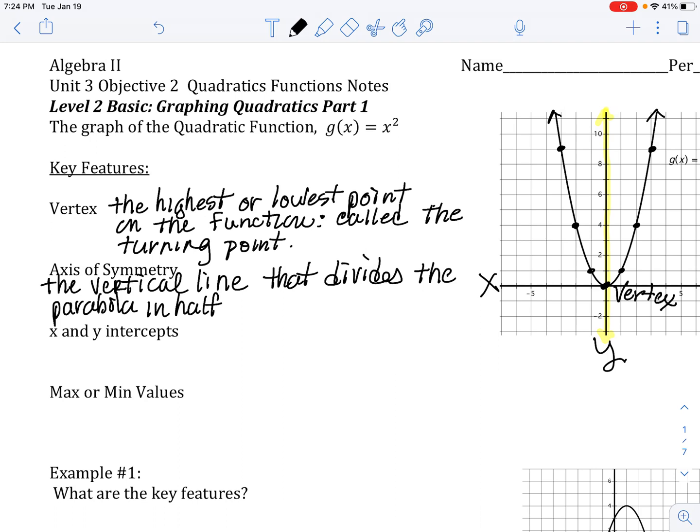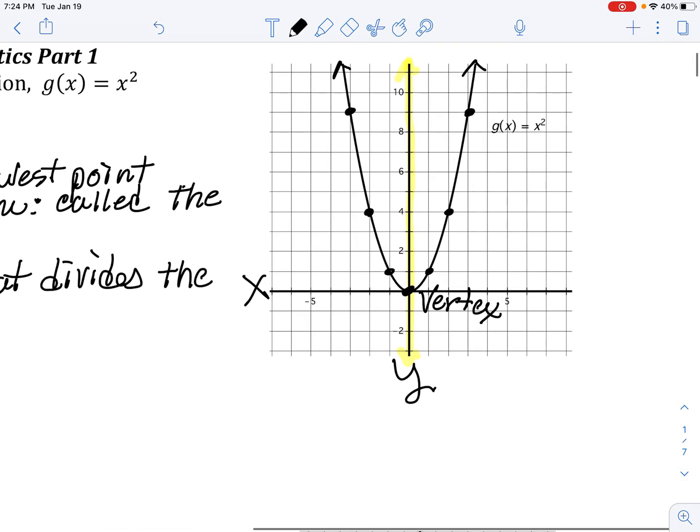The axis of symmetry is a good line to have in the visual of the curve because you can easily see points and their symmetric point over that line. For example, when we look at the point 2, 4, we see the symmetric point -2, 4 over the axis of symmetry.